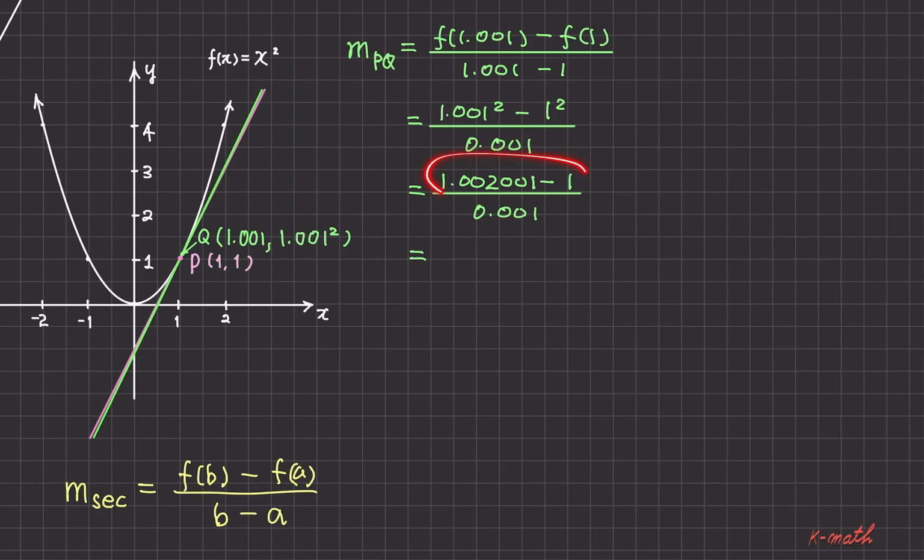The numerator, which is 0.002001, divided by 0.001 gives me 2.001.